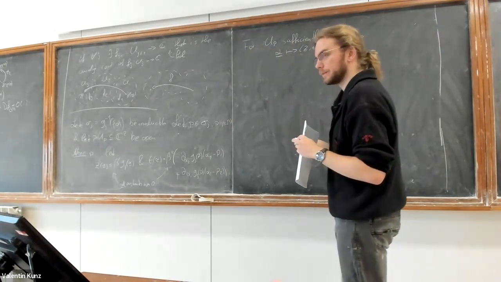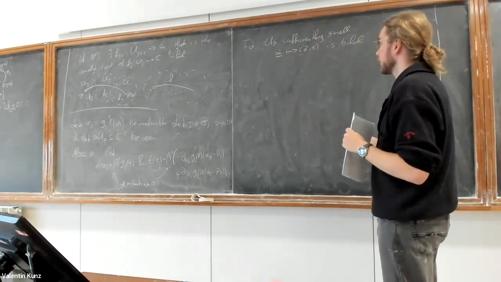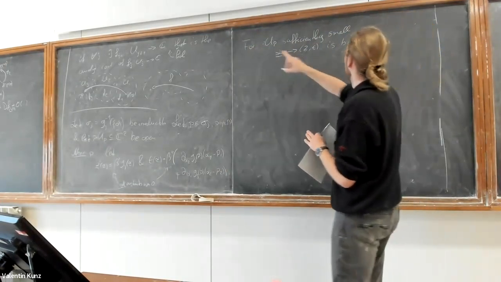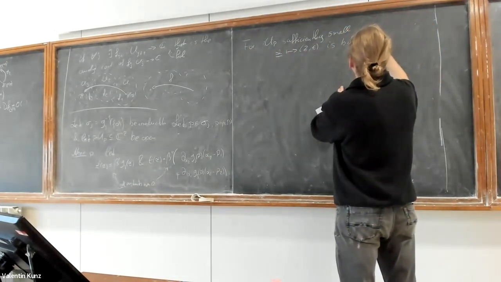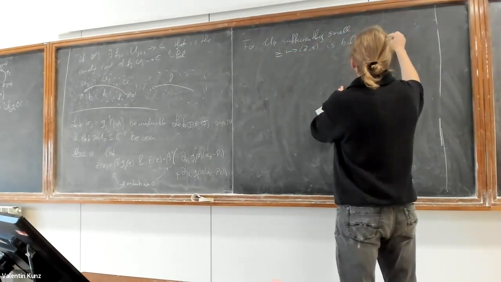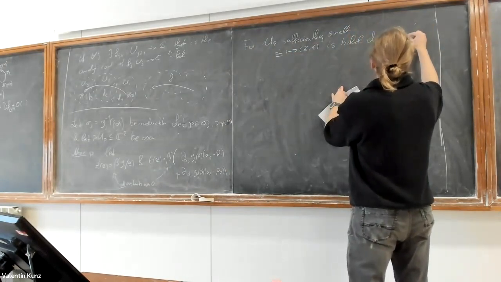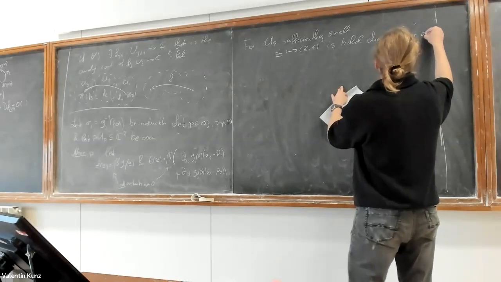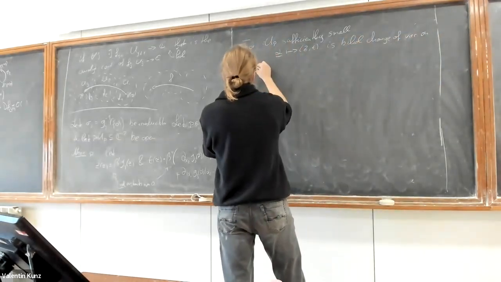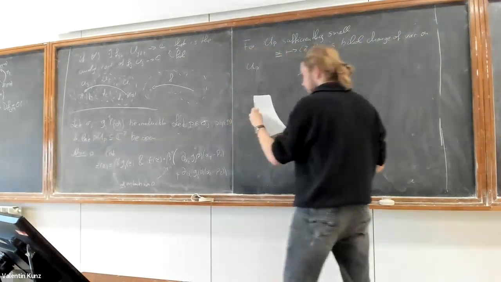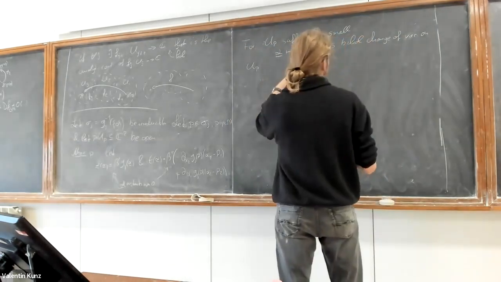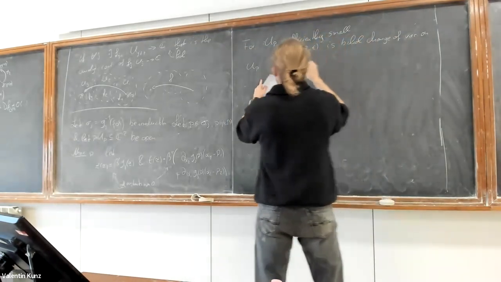So this is a biholomorphic change of variables on UP. The idea is to map alpha 1 and alpha 2 into Z and T.